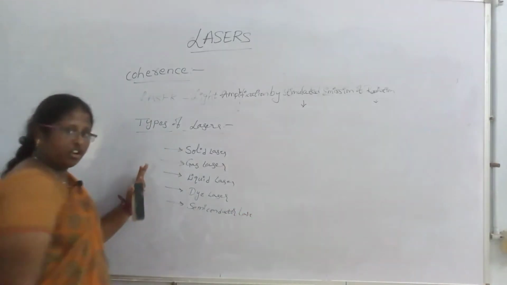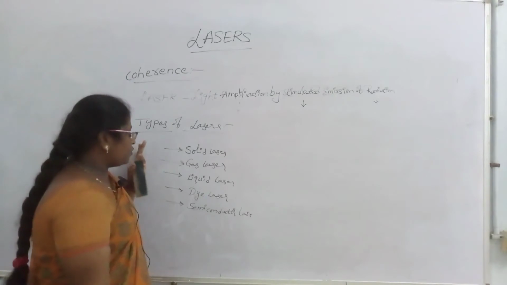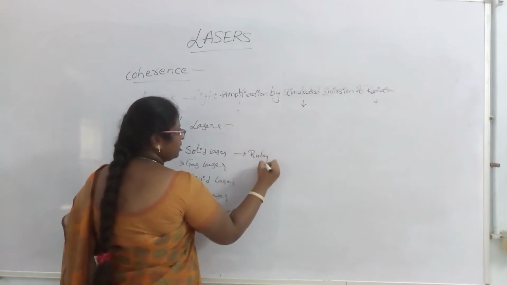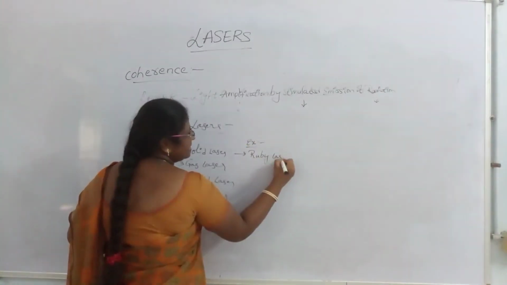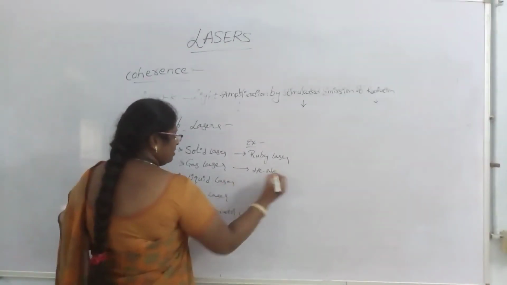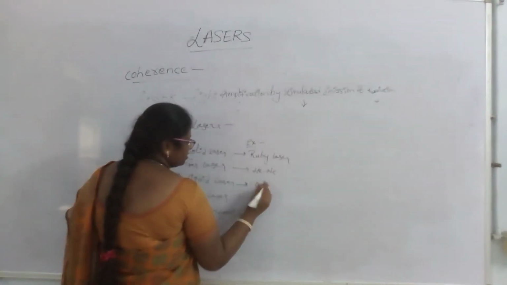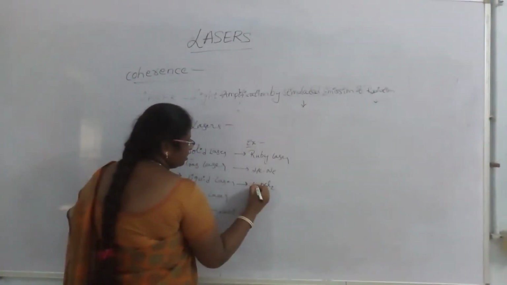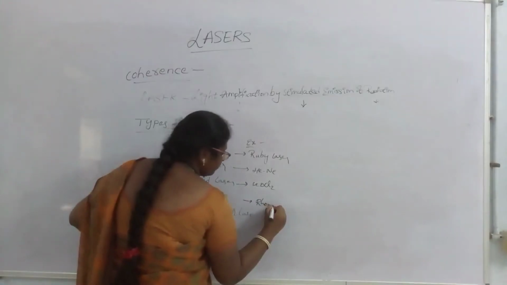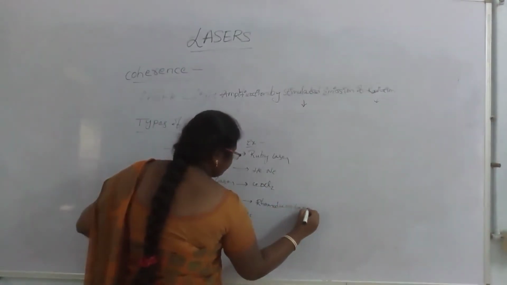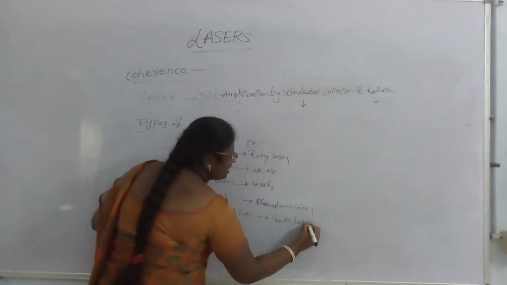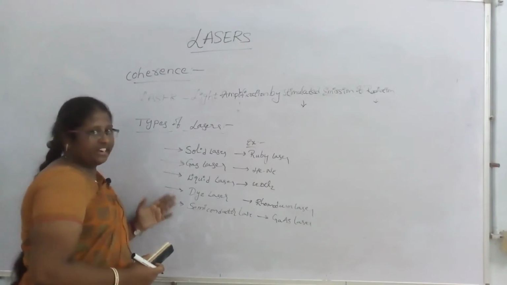These types of lasers are used for different purposes in present and future technology. For example, ruby laser is the solid laser, helium neon laser is the gas laser, SiO2 is the liquid laser, dye laser is the rhodamine laser, and semiconductor laser is the gallium arsenide laser.